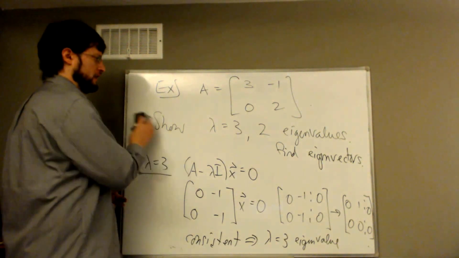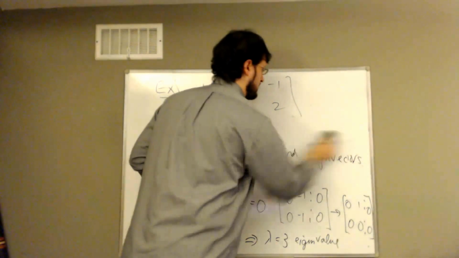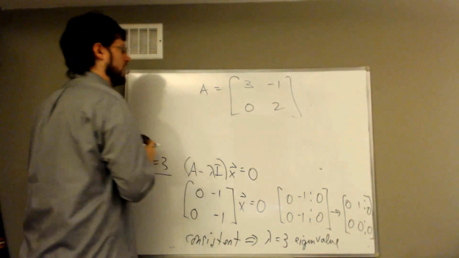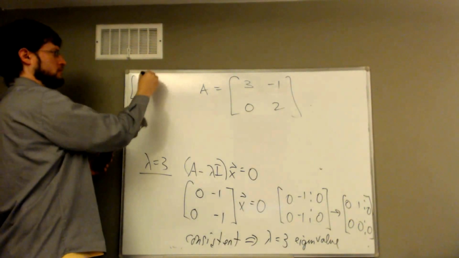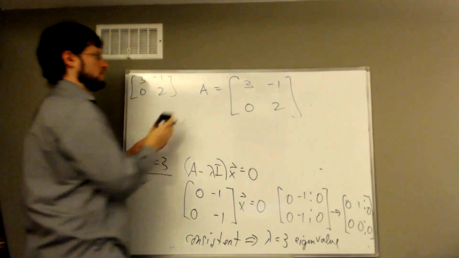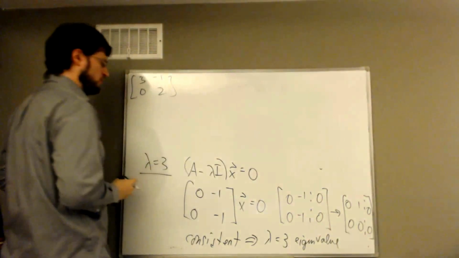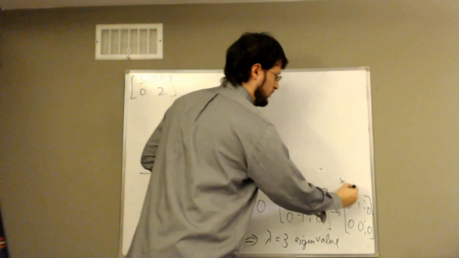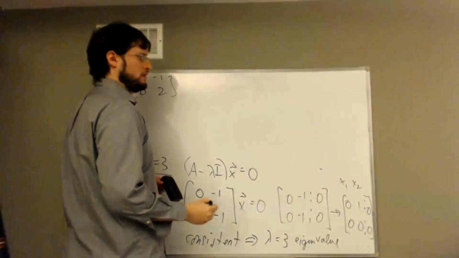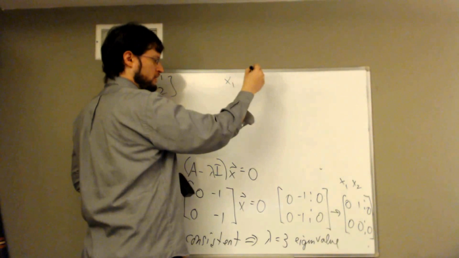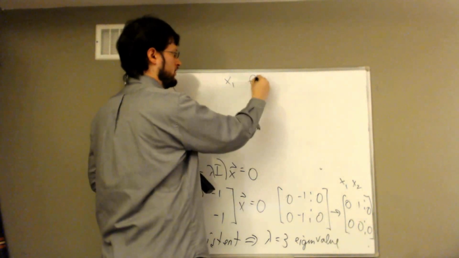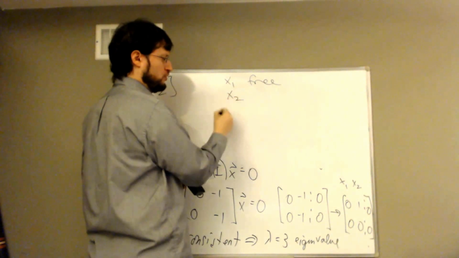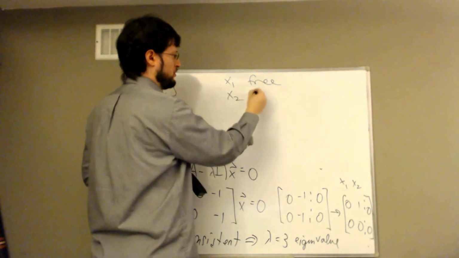What is the corresponding eigenvector? Let's keep our A back up over here. The corresponding eigenvector I get by then saying this is x1, this is x2. This says that x1 is free and x2 is 0.